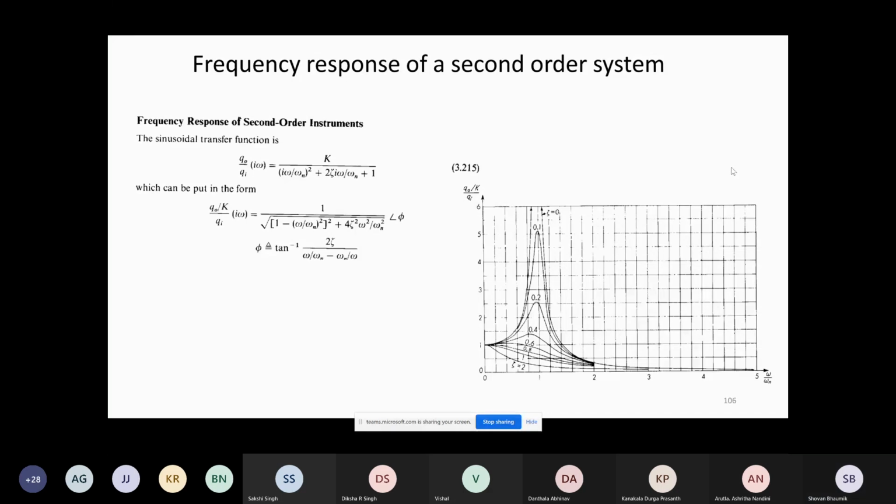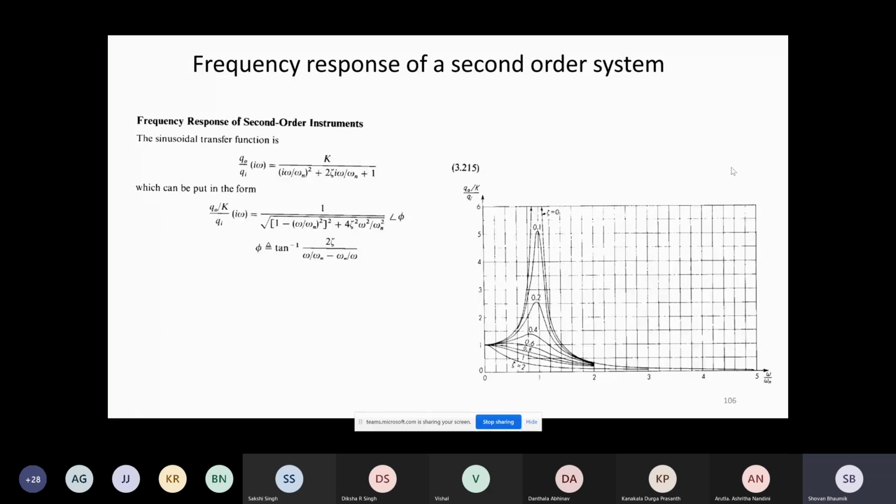Now for the y-axis there are two curves, one is phi and another is gain. So for the phi or phase angle curve, the y-axis will be linear scale, because phase angle generally can vary from 0 to minus 360 or something like that, or even more, but it is not very high.